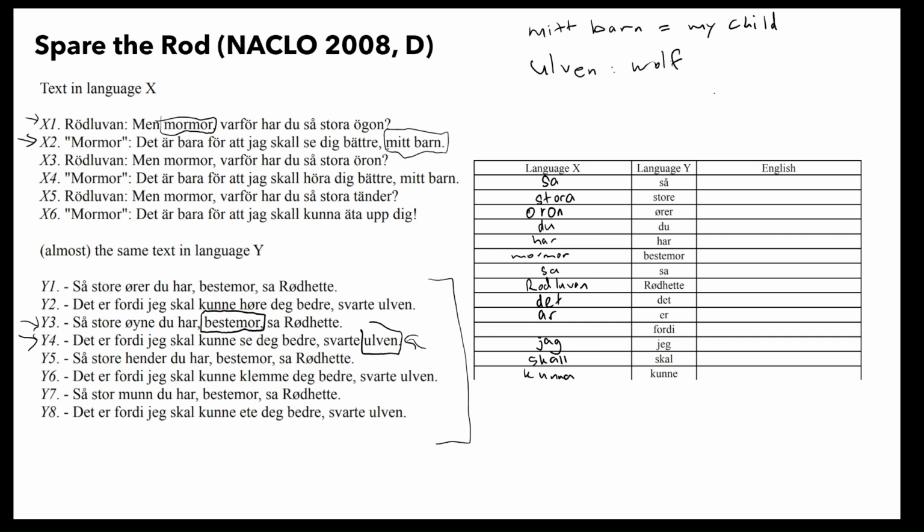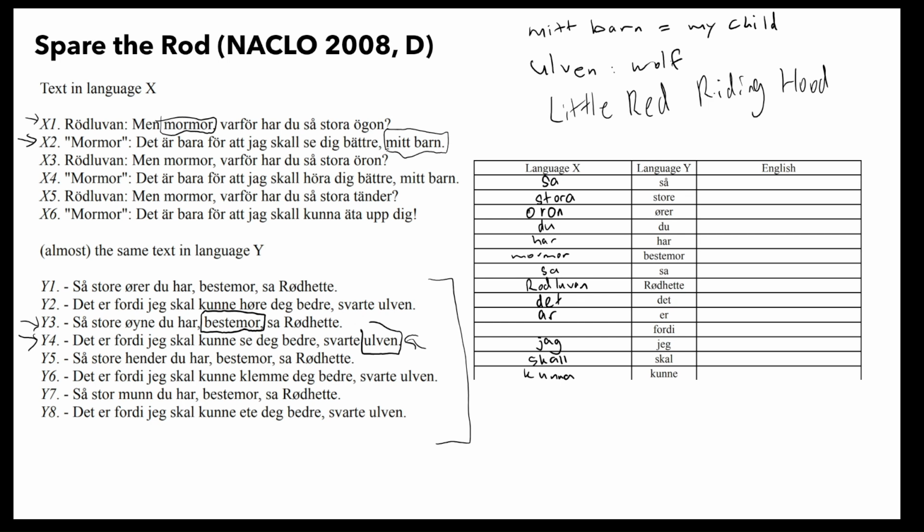We're assuming Rod Lavan is a person, with a conversation between two characters, one a wolf, who is calling the other person a term of endearment. You immediately go to Little Red Riding Hood.